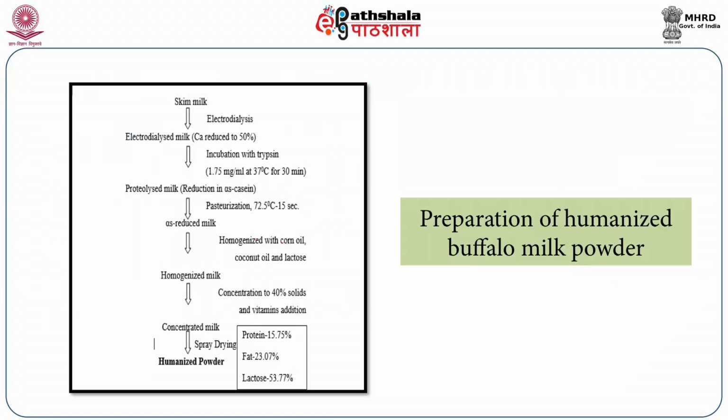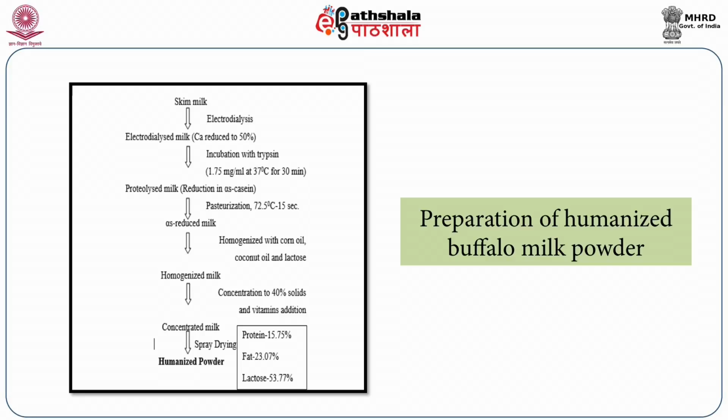In this flow diagram, we can see preparation of humanized buffalo milk powder. To start with, we take skim milk, and this skim milk is subjected to electrodialysis processing, in which calcium is reduced up to 50%.